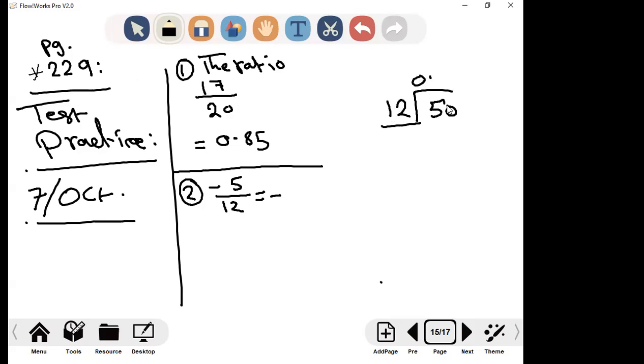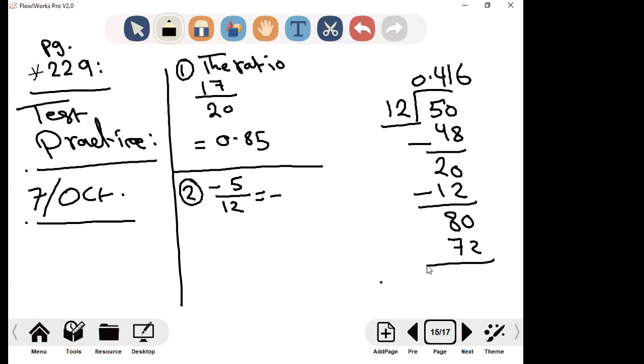0.0. 50 divided by 12 is 4. 48. Subtract. Decimal. Right? Good. 1. 1 by 12, 12. Subtract 8. Decimal 0. 6 by 12, 72.